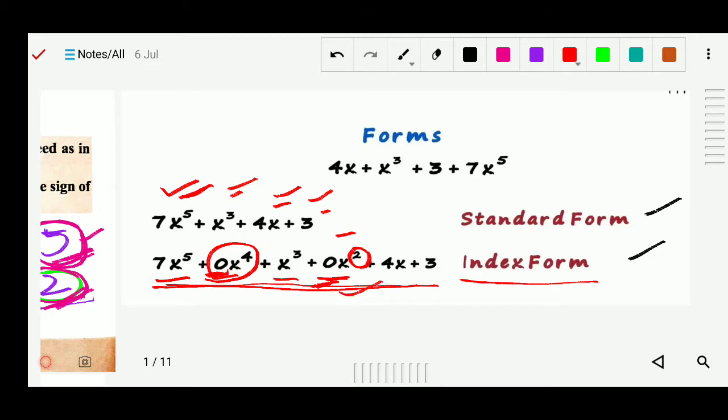This type of arrangement is called index form. Generally, when subtracting, we write in the standard form. If a particular term is missing, we just keep the space blank. Either you follow the index form, but it will be better to follow the standard form.